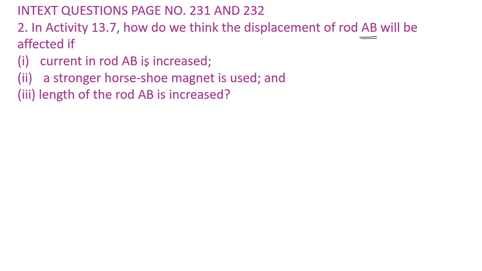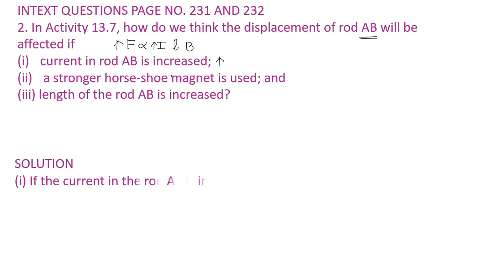First, remember that the force on a current carrying conductor depends on the amount of current passing through it, on the length of the conductor, and on the magnetic field in which it is kept. So the first one is that the current in the rod AB is increased. If the current is increased, the magnetic force will increase.